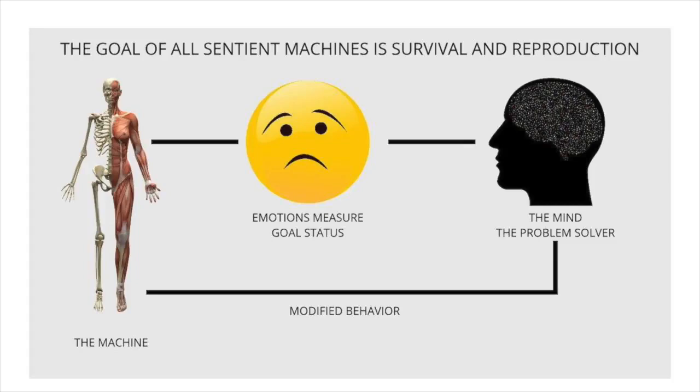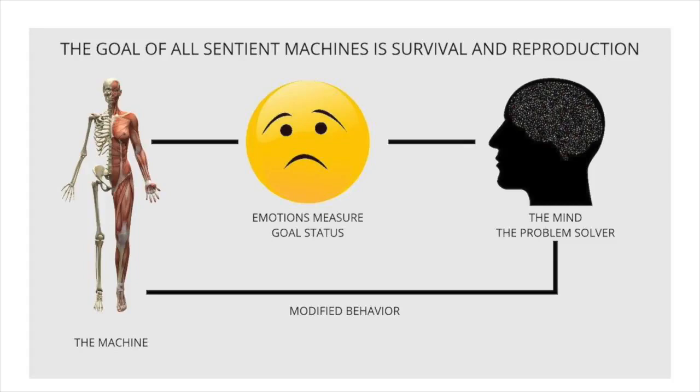Now, unfortunately, life isn't as straightforward for most of us as that kind of scenario. We have emotions. So again, in terms of artificial intelligence, every AI is set a goal.